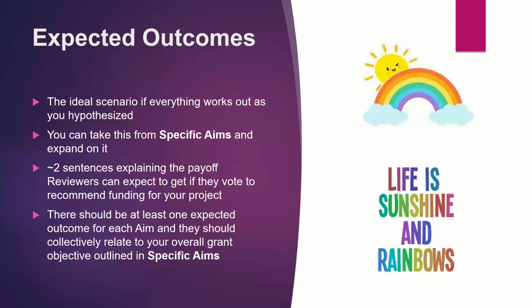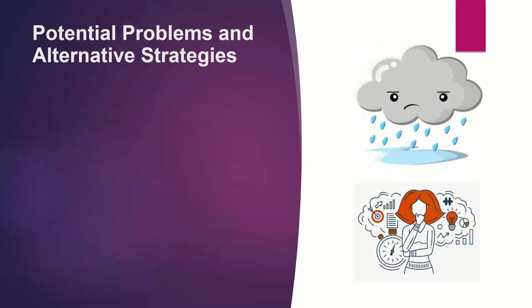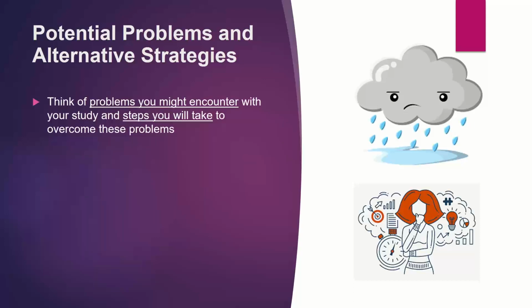Now we're going to get to the flip side of expected outcomes that are all positive, but this is for when things go wrong. So potential problems and alternative strategies. Think of problems you might encounter with your study and steps you will take to overcome these problems. So let's go through some examples.